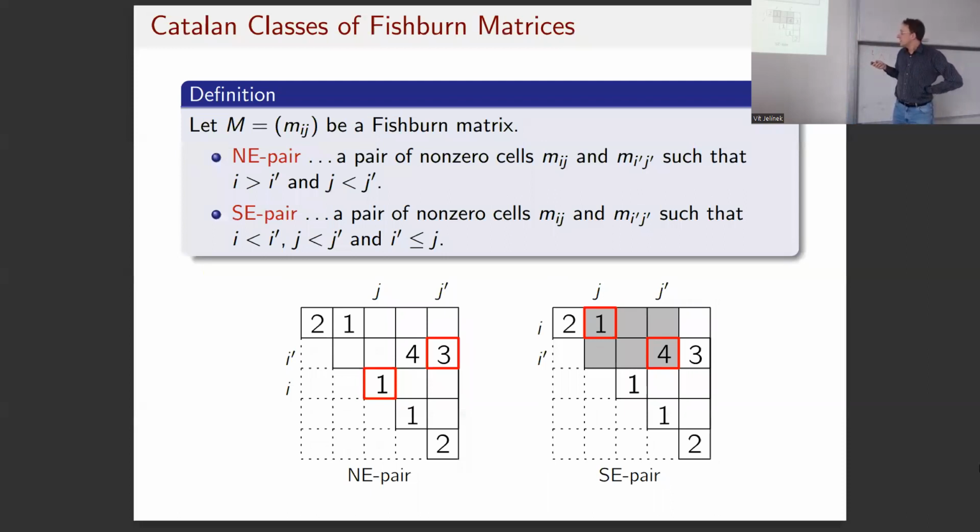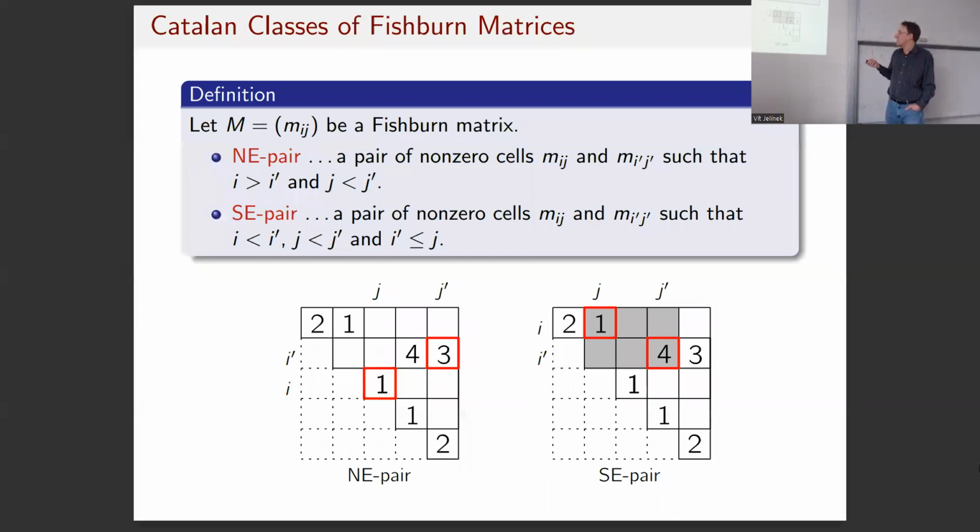So the second cell in the pair is strictly to the right and strictly above the first one. Any such pair of non-zero cells in my matrix will be called an NE pair or northeast pair.